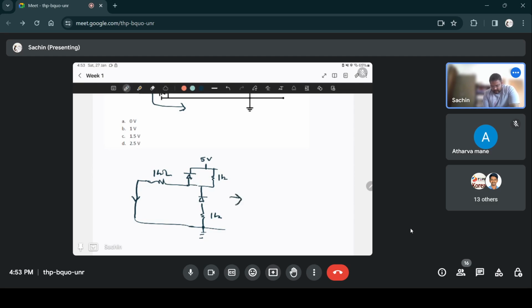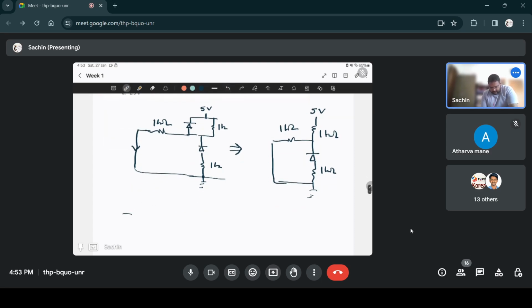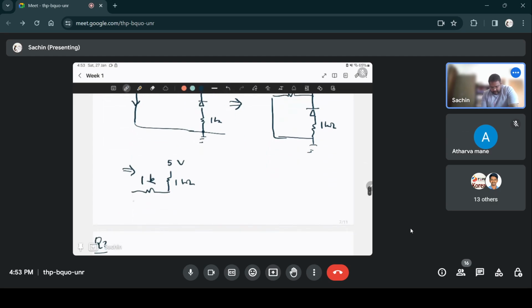And this circuit would then become 5 volts, 1 kilo ohm, 1 kilo ohm, something like this. And again, this diode is also reverse biased, so this is also off. So you could once more simply write it as 1 kilo ohm, there's 1k, and this is just off, so there's no connection here.